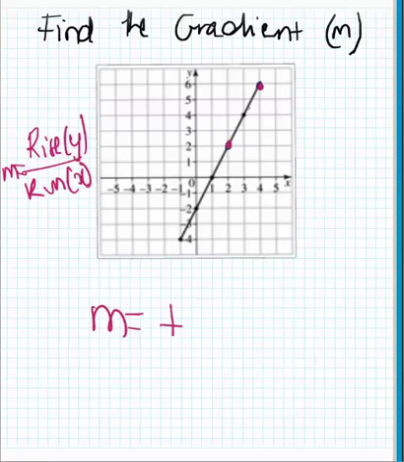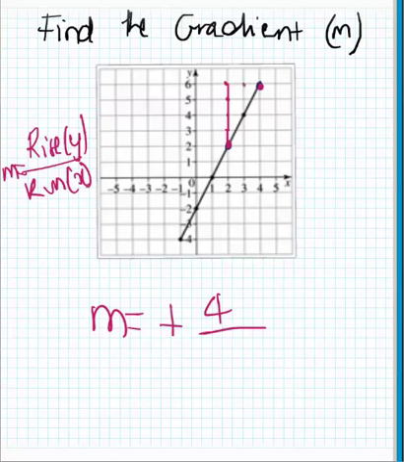So our rise from this point to that point is, let's see our y-axis. We're going up. That's 1 unit, 2, 3, and 4. So we took a total of 4 units. So our rise was 4 over. And our run is, look at your x-axis. Every grid line is 1 unit. Sometimes it might be more, so always check.